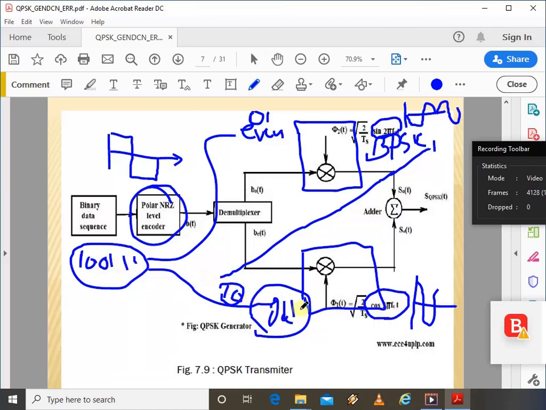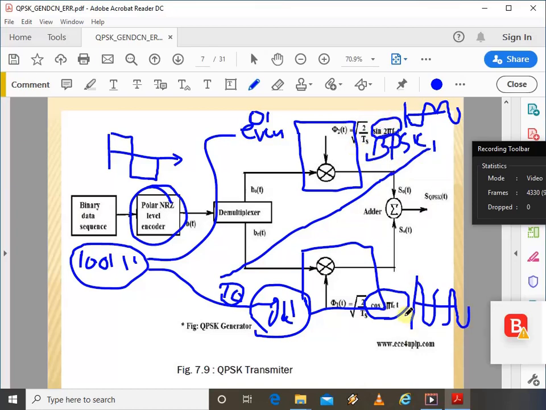So 0 is transmitted after a 180 degree phase shift. So the cos is phase shifted by 180 degrees, meaning it comes here. This way we are transmitting the bits 1 and 0 after phase modulation. So the output of this phase modulator will be one BPSK signal.